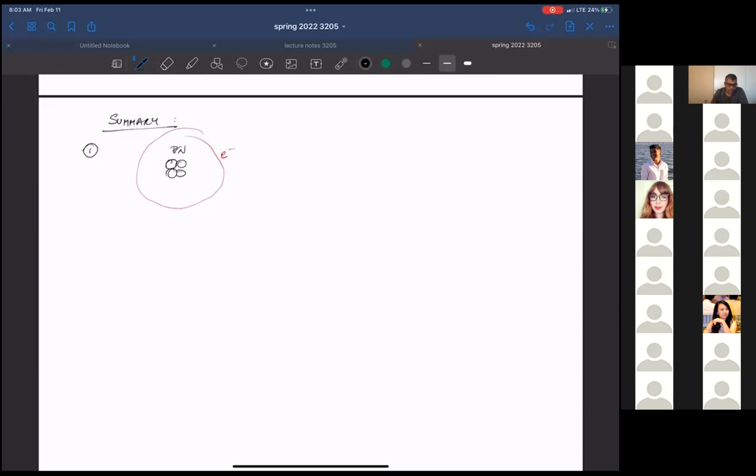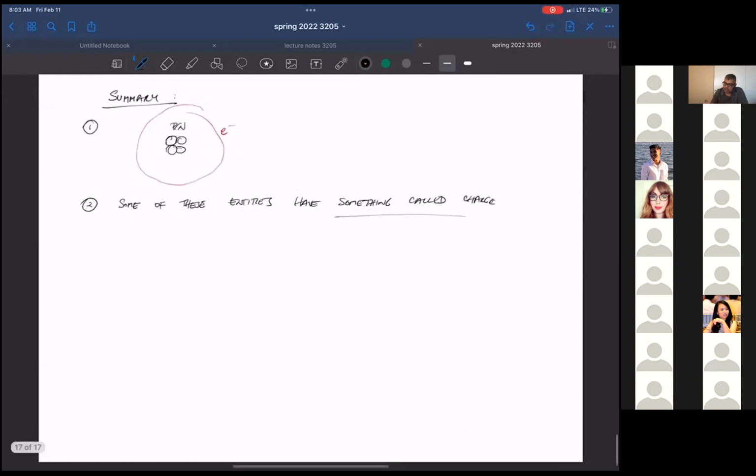And then some of these entities have something called charge. The reason I keep talking about something called charge is that I have preconceptions about what charge means, or what a charge does, which sometimes are true and sometimes aren't.